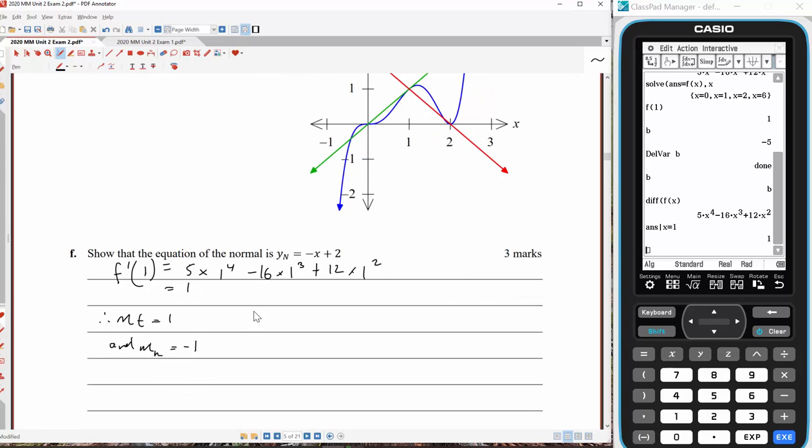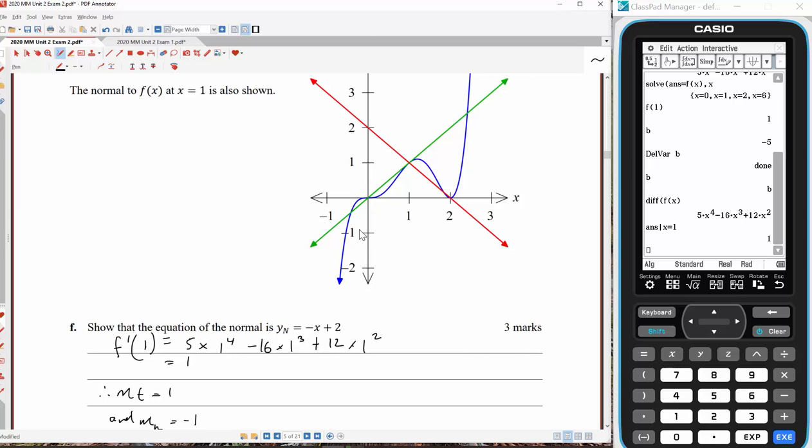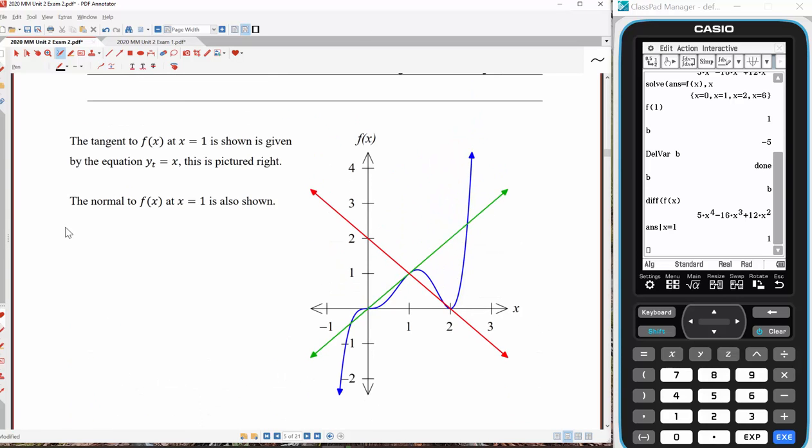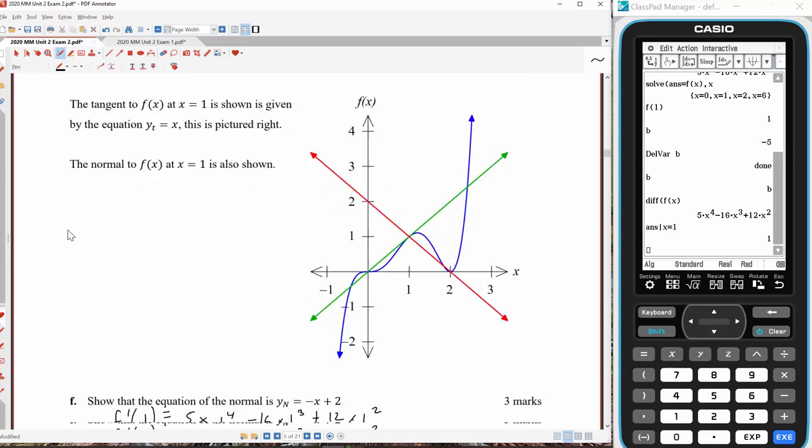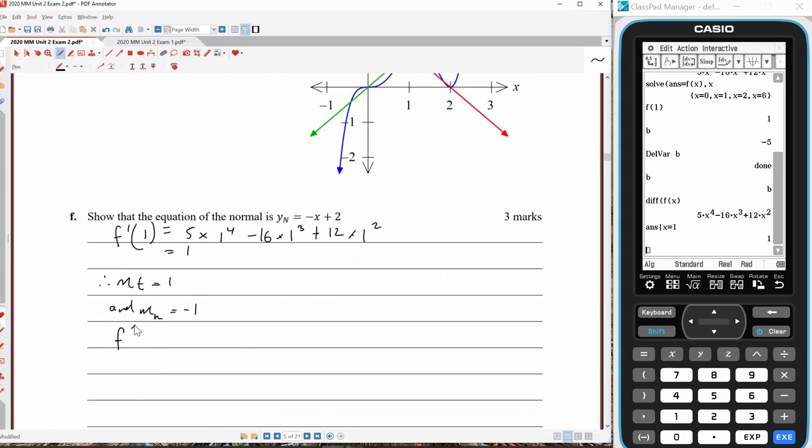All right, so now we're going to choose a point. So let's choose a point that we know is on the graph, which is 1. So we know that f of 1 equals 1. We were told that before, it is on the f of x curve.